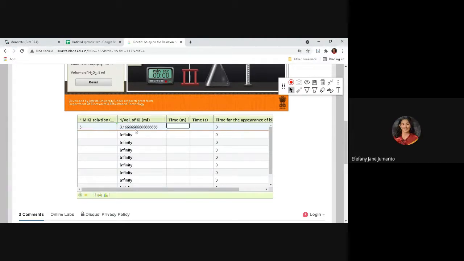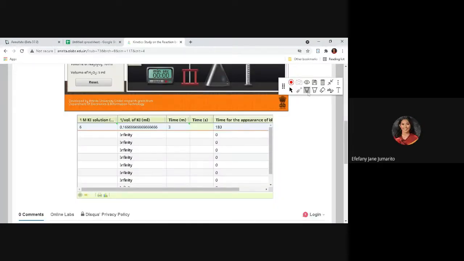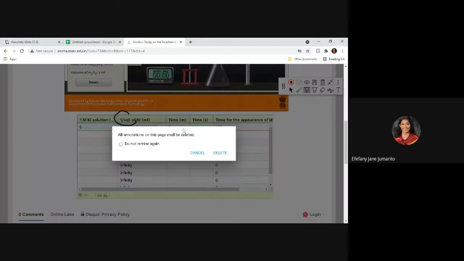Where does the 0.16 come from? It computes automatically, ma'am. It's 1 divided by the quantity of the potassium iodide solution. Okay, that one, yes. 1 over the volume of KI. So 1 divided by 6 using your calculator, that's 0.16.